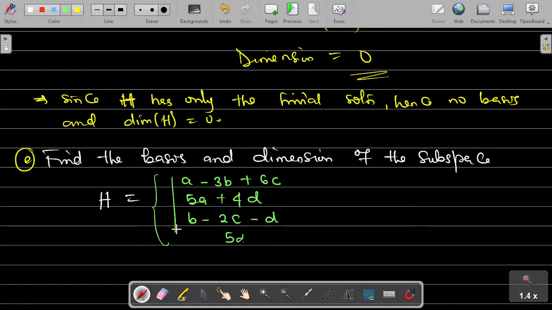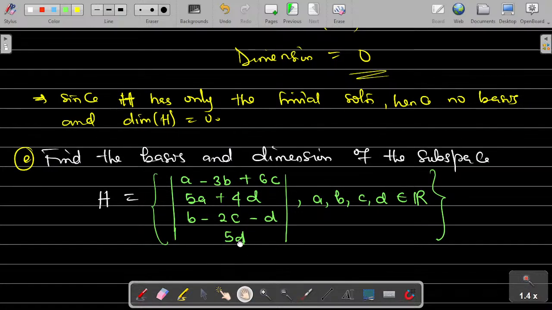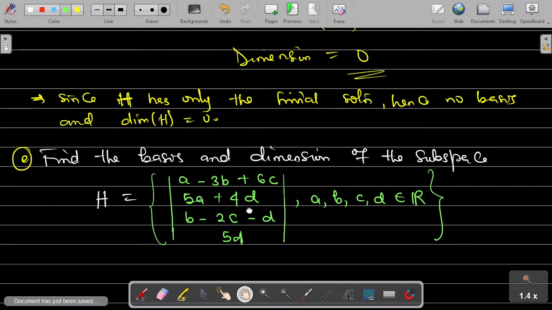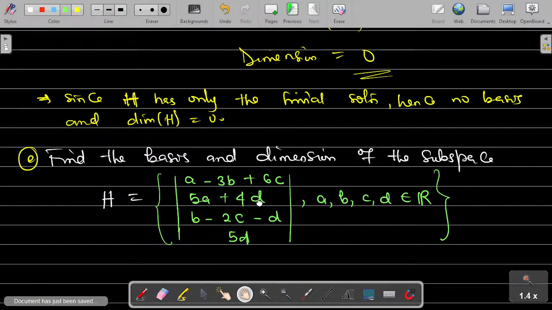So these are the vectors where A, B, C, D are elements of R. And that completes the set H. So this is what forms the subspace H.